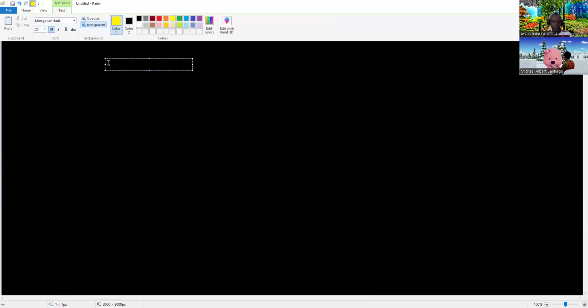There are 3 chords I want to show you. The first one is chord 1. Please take your pen or your pencil and write this: chords on piano. Now I can say chord 1.